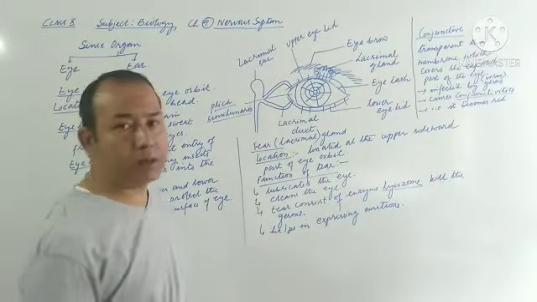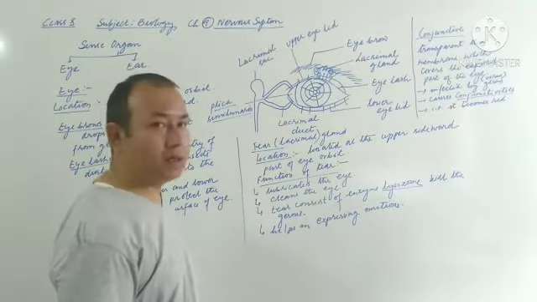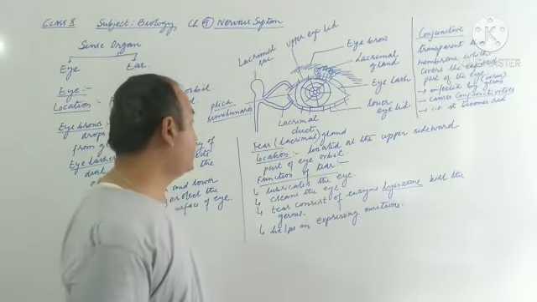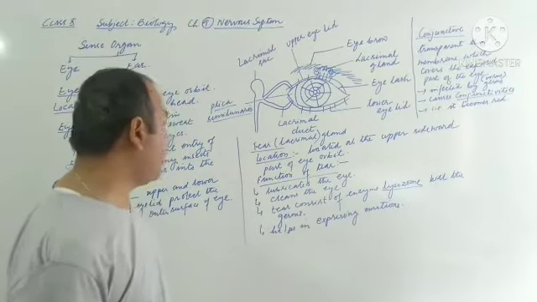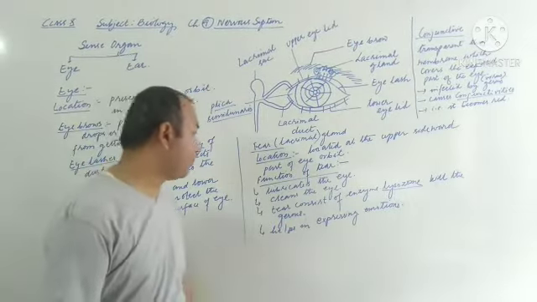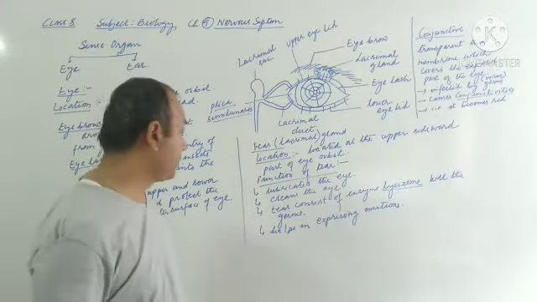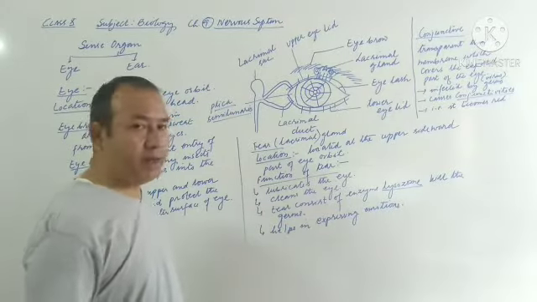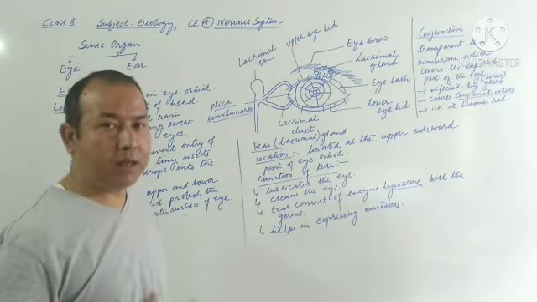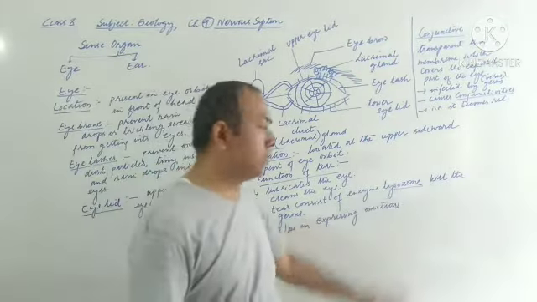Now see, the main role of this tear gland is that it releases the fluid which we call the tear. Then you need to understand the role of the tear. The first one is it lubricates the eye, then it cleans the eye, then tear mainly consists of the enzyme which we call lysosome.